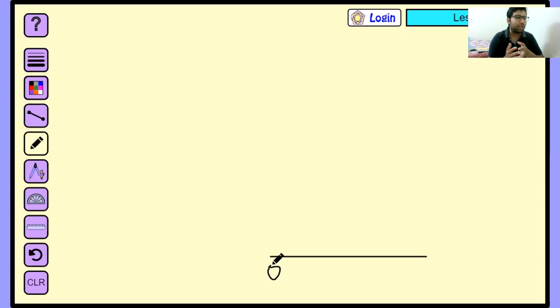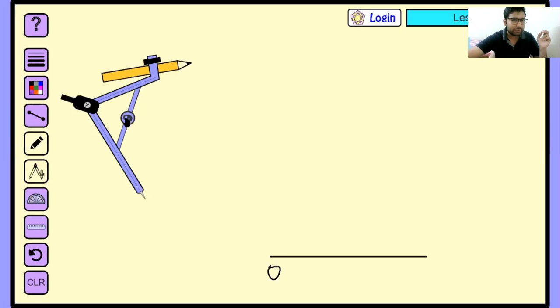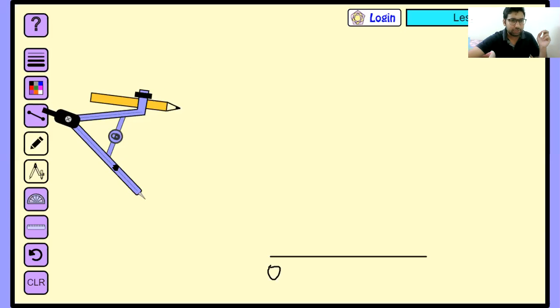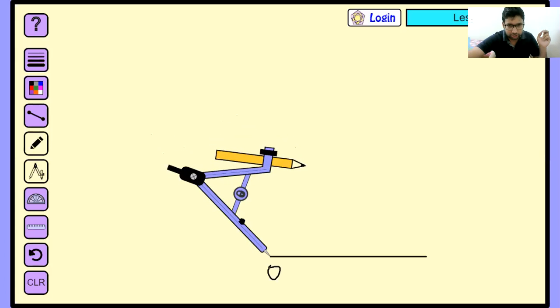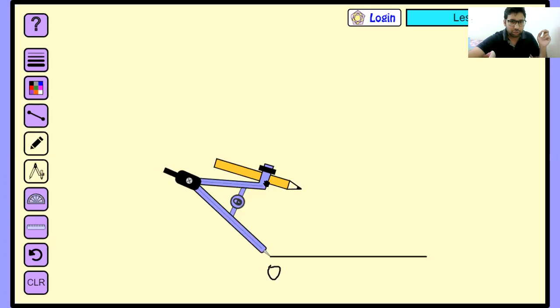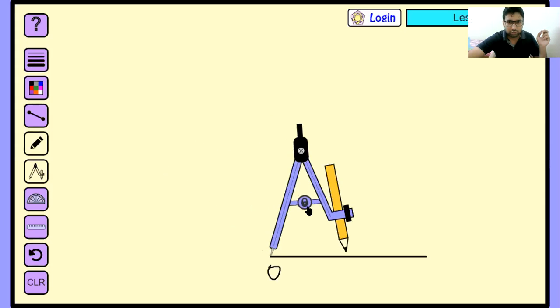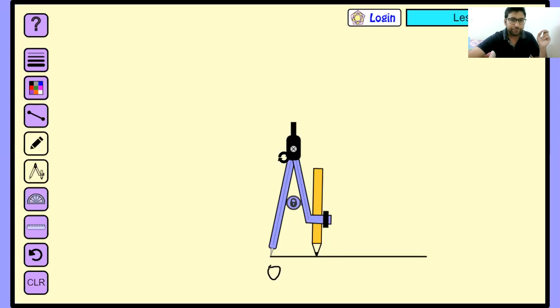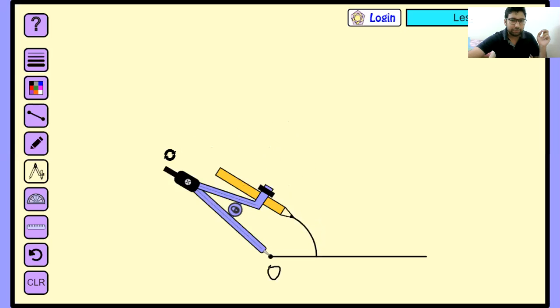So this time you will have to go for the previous method that you have learned, 60, 120, and then the bisector. So first, let me bring the compass on the point O, which is your end point. Now, it is quite large. Now it's fine. See, first we will make the same way.